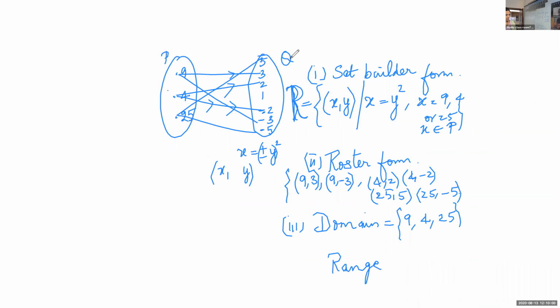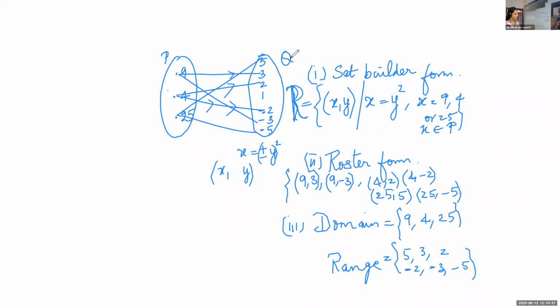What about the range? Ashwin? Range means collection of second elements, isn't it? So 5, 3, 2, then negative 2, negative 3 and negative 5.